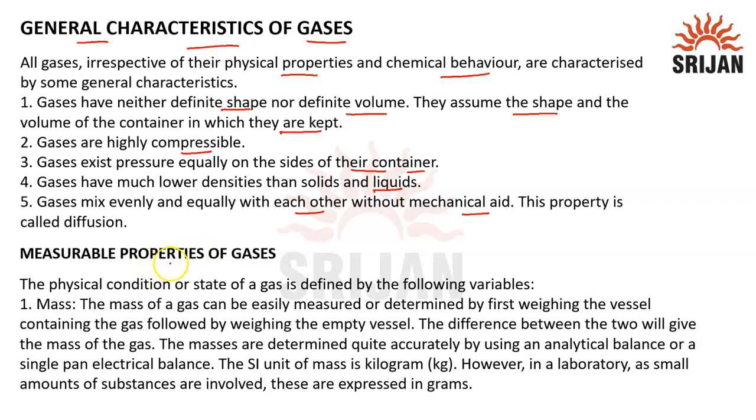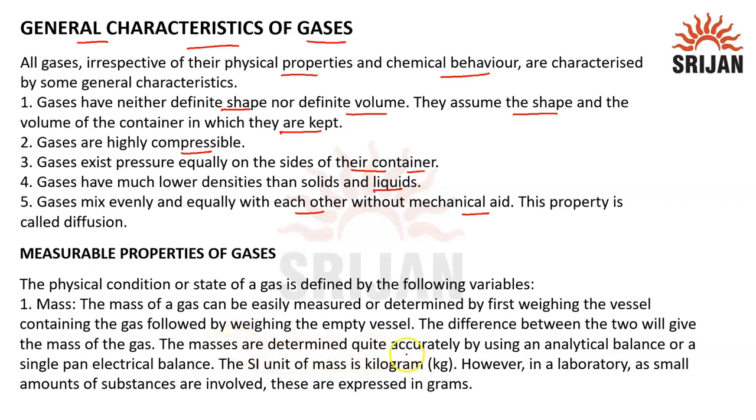Now we learn about the measurable properties of gases. The physical condition or state of a gas can be defined by some variables. The first is mass. The mass of a gas can be easily determined by weighing the vessel containing the gas, then weighing the empty vessel, and the difference in the two gives us the mass of the gas.